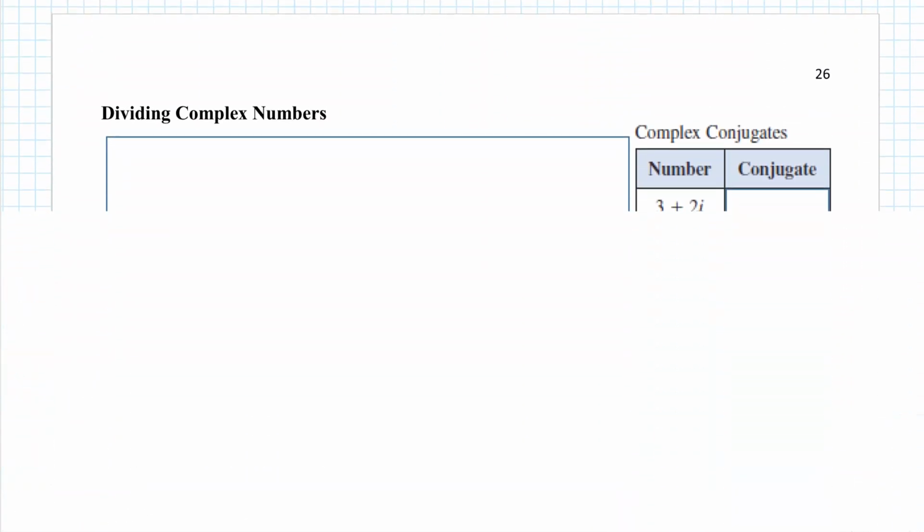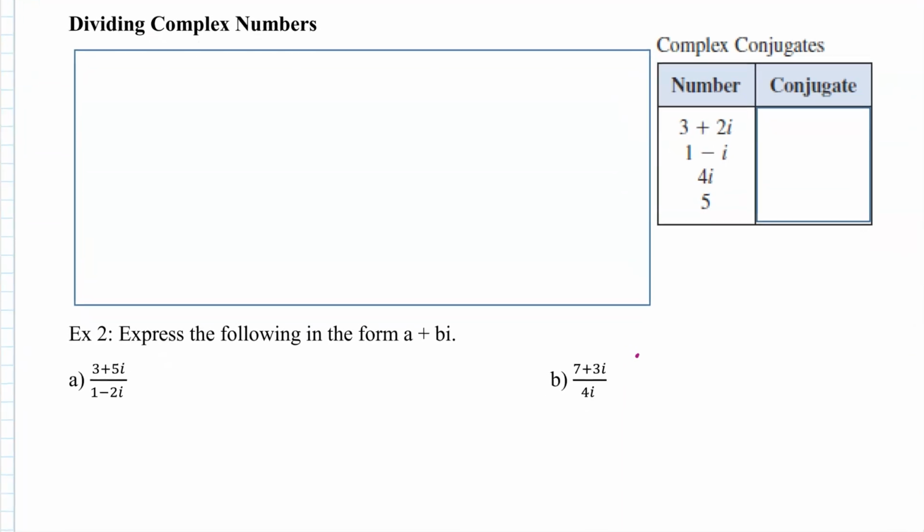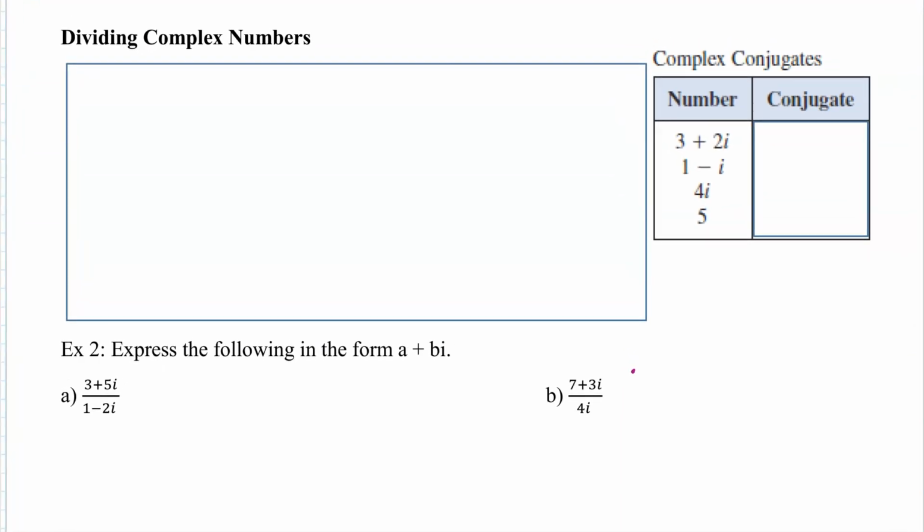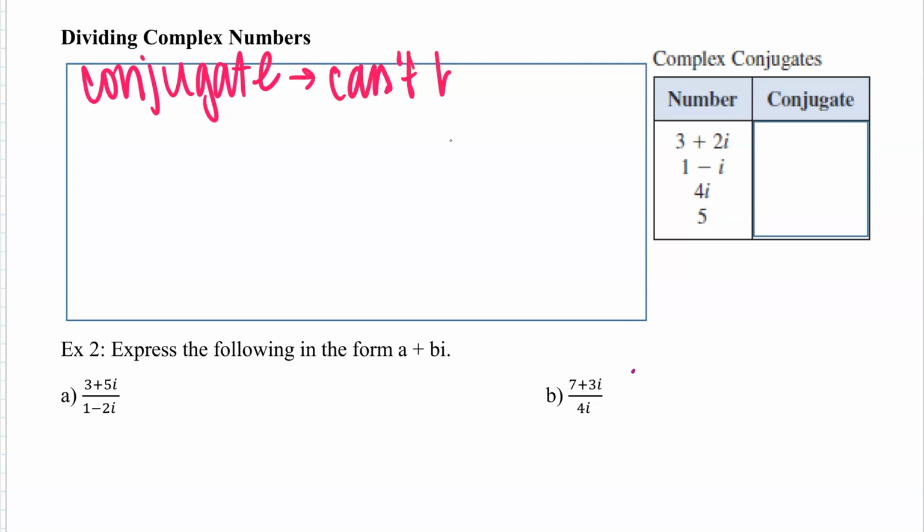So I want to move into dividing complex numbers. So dividing complex numbers, we're going to use something called the conjugate. Okay, to get rid of an i in the bottom, which can't happen, you're going to use the conjugate. So you can't have i in the denominator.